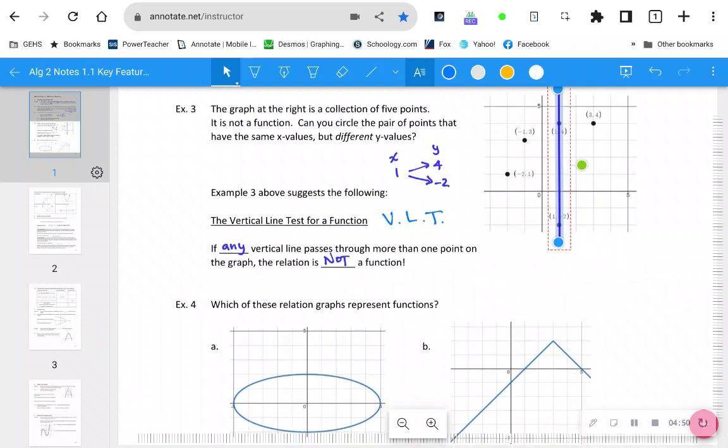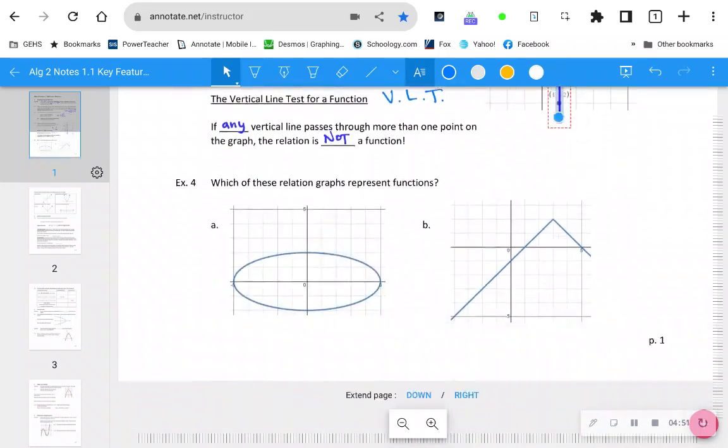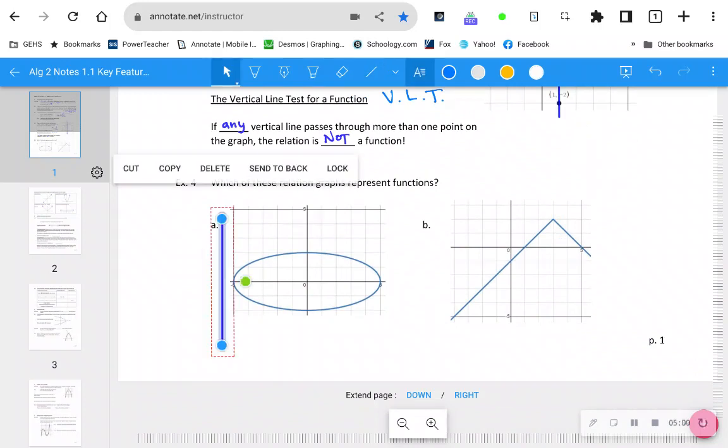Okay, so let me show you how the vertical line test looks in practice. What you're going to do is just draw vertical lines. So here's an example. And maybe I can get it to actually be vertical. If it hits 0 places on the graph, or I'm going to move this over here a little bit.